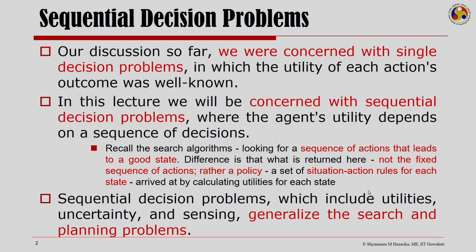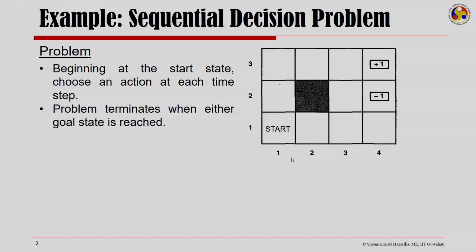Instead of returning a sequence of actions, a sequential decision problem returns a policy, a set of situation-action rules for each state, and that would be arrived at by calculating utilities for each state. So, let us look at an example to understand sequential decision problems.